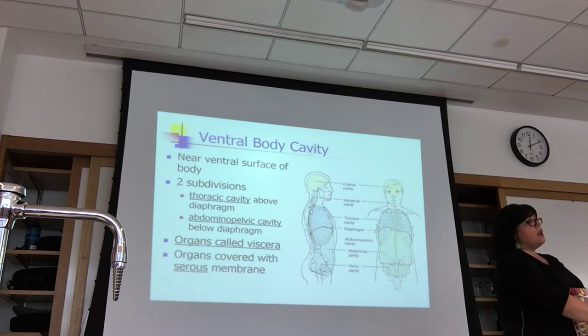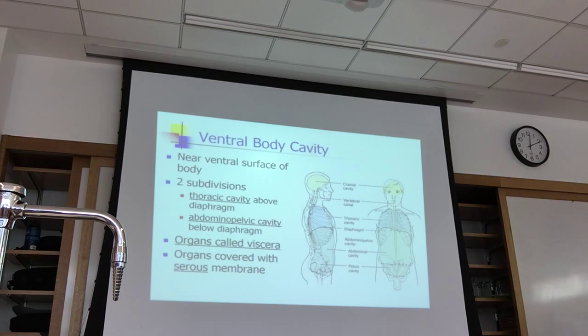We're talking about those serous membranes. A serous membrane is essentially two thin layers of epithelial tissue. Epithelial tissue is a covering or a lining. And fluid, serous fluid, in between those two thin layers of epithelial tissue.